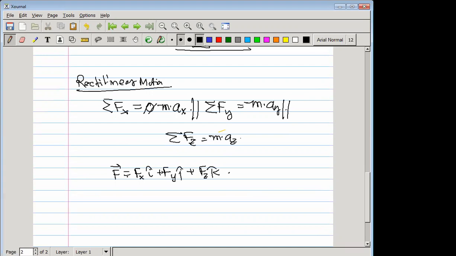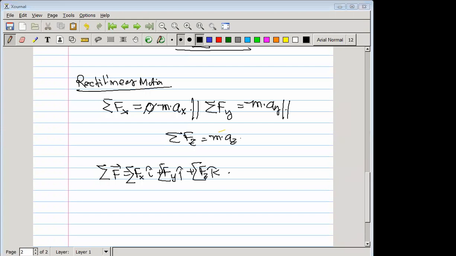This is the standard force vector notation, and if we put in here all the forces, the summation of all forces.